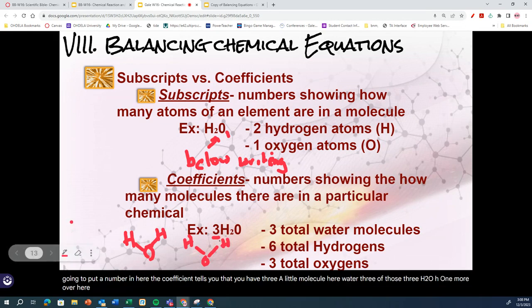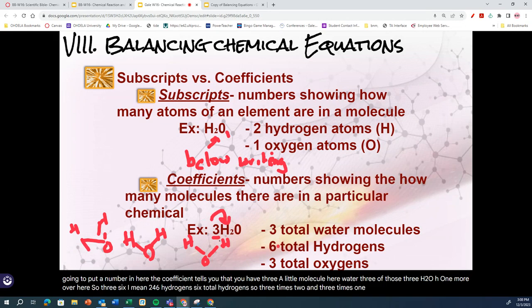One more over here. All right, so 2, 4, 6 hydrogens, 6 total hydrogens. So 3 times 2, and 3 times 1 is 3 oxygens.